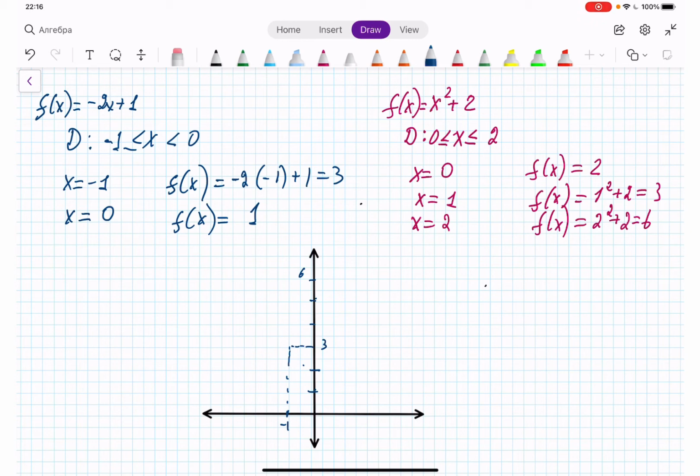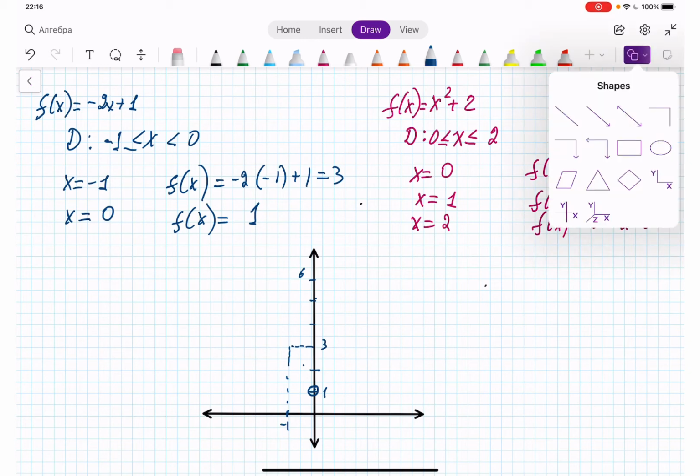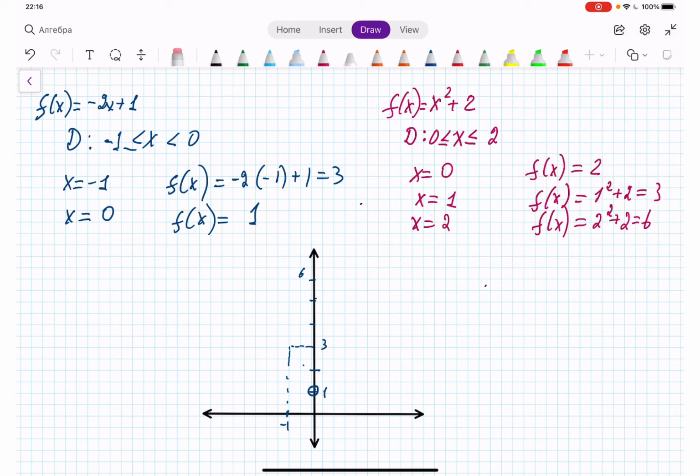For the point where the interval doesn't have the equal sign, we put an empty circle. This is 1, and this is 0, 1 point, and I'm going to build this piece of the graph right here. And the point of negative 1 and 3 is included because there is an equal sign.